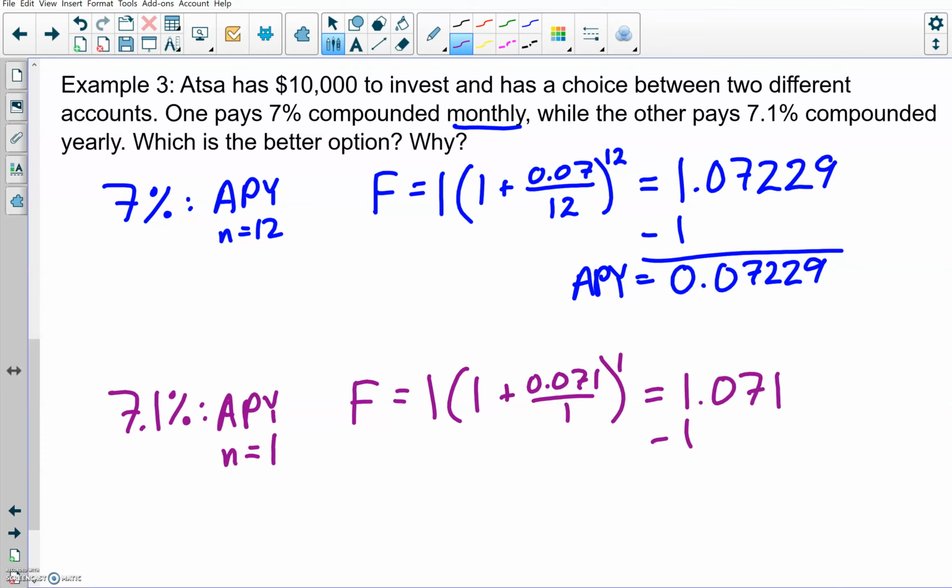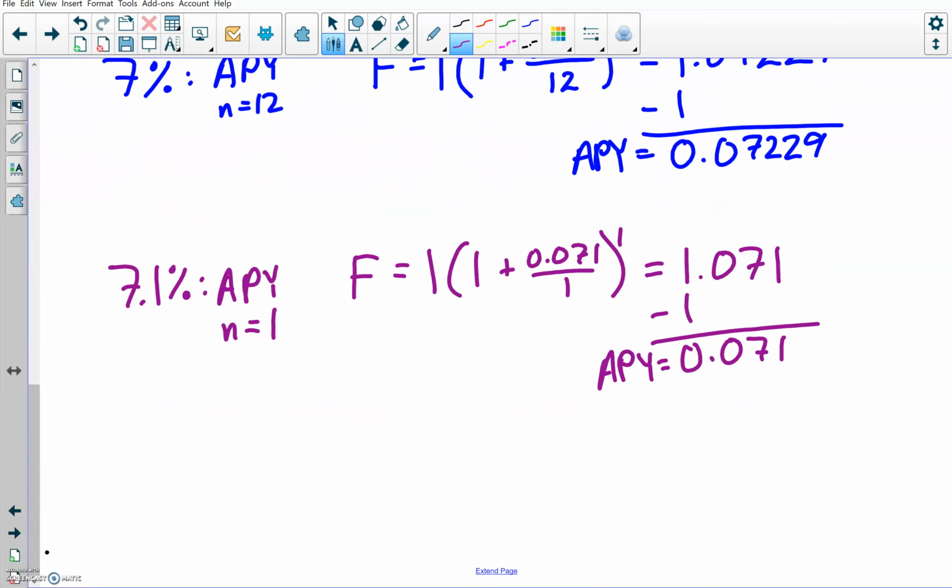Again, subtract the original dollar that you invested to see the interest, and this is 0.071. So your APY here for this account is just 0.071.